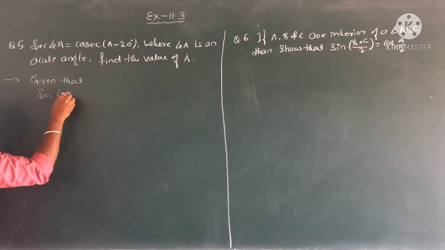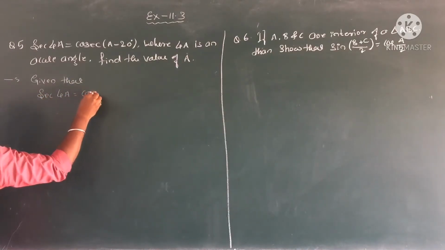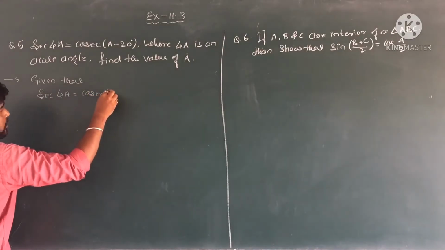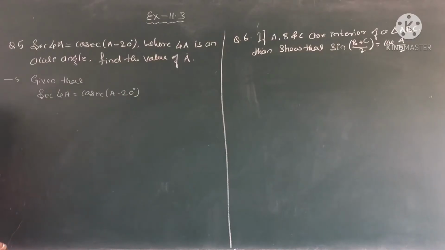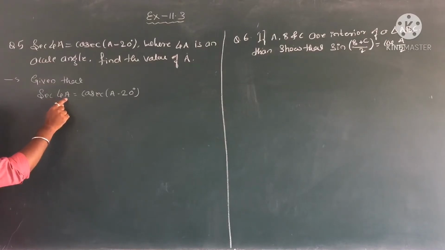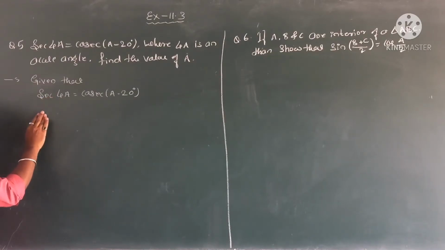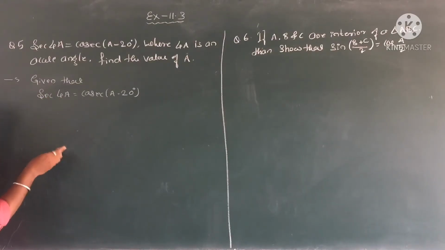Sec 4a is equal to cosec (a minus 20). And here we know that sec theta is equal to cosec (90 minus theta), right? So apply here. Here sec 4a, instead of theta, here we have 4a. So here we can write cosec (90 minus 4a).